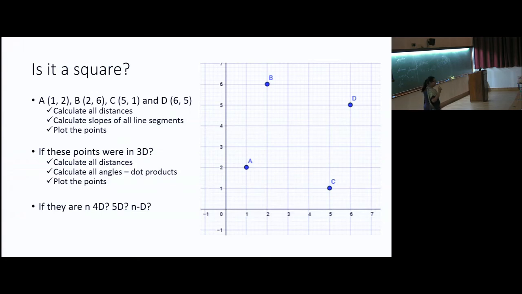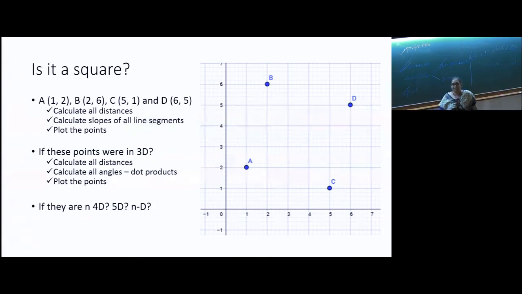So now the coordinates will be 4-tuples or 5-tuples, right? This guy still works. Anything else that still works? This will still work.